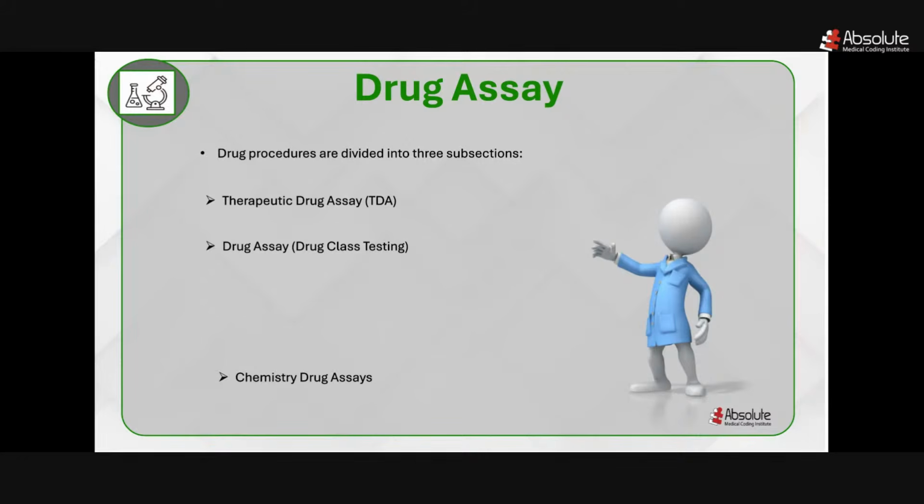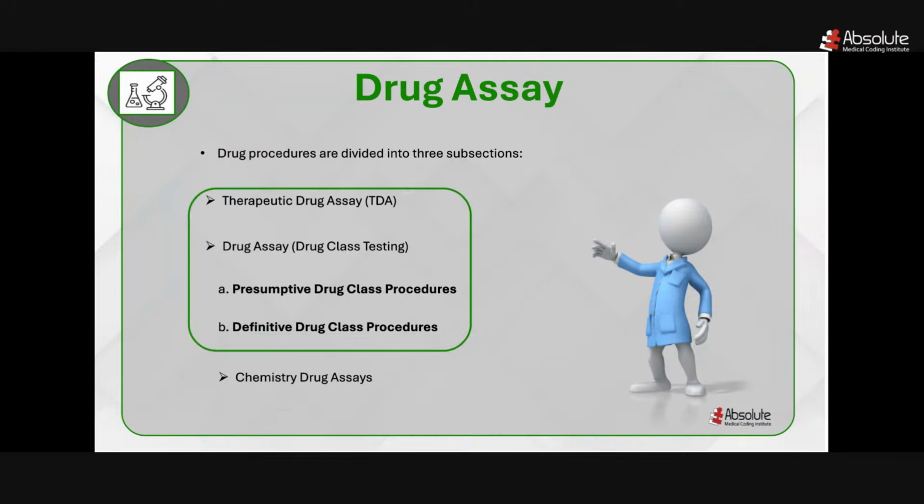And the drug class testing is in turn subdivided into two sections. We have presumptive drug class procedures and definitive drug class procedures. So today we are going to focus specifically on drug assays and drug class testing. Okay, so these are the topics which we are specifically going to focus on today.